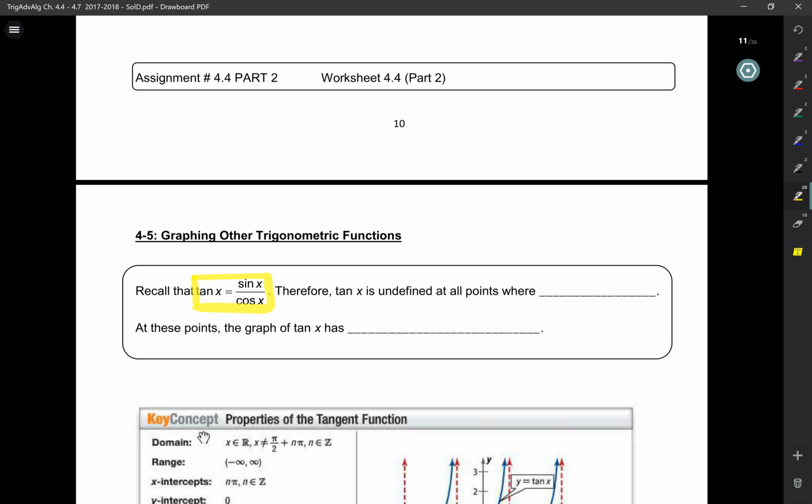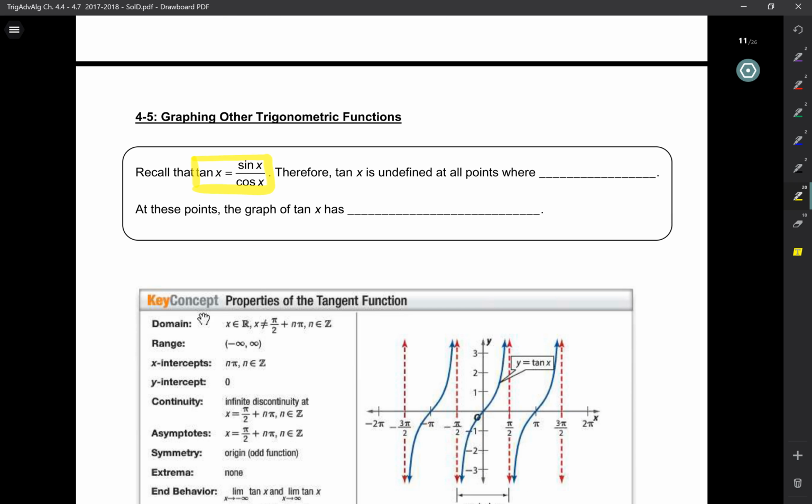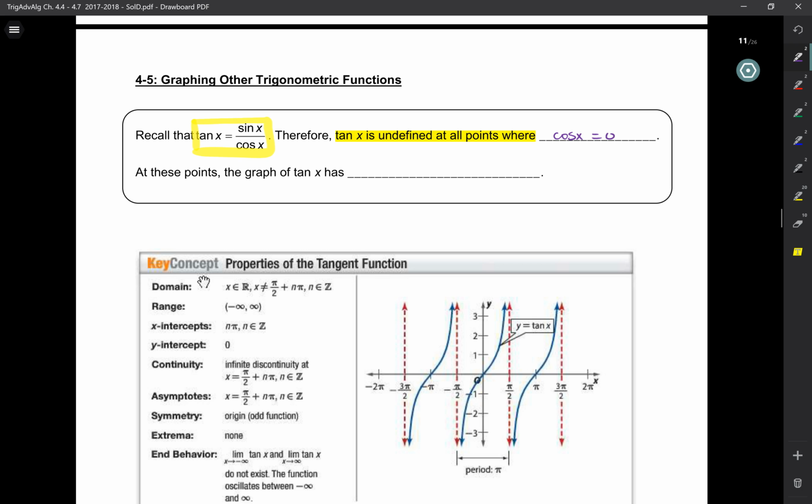And those are where the tangent is undefined. Okay, so to reiterate, tangent of x is undefined at all points where cosine of x is equal to 0. At these points, the graph of tangent of x has vertical asymptotes.